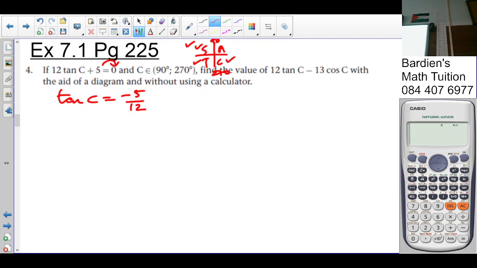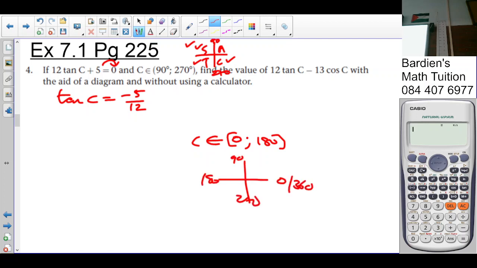If they tell you C is an element of 0 to 180, what are they referring to there? That's 0, 90, 180, 270, 360. Which quadrants is that? First and second. If they say that C is an element of 90 to 360, which quadrants are they referring to there?